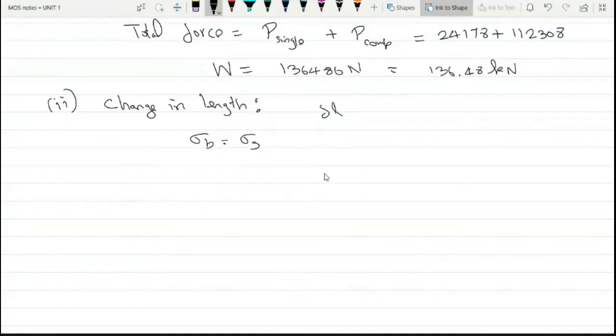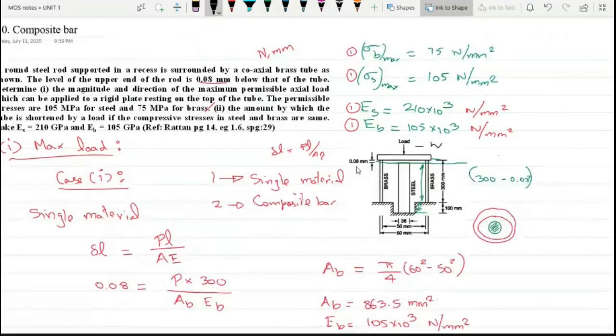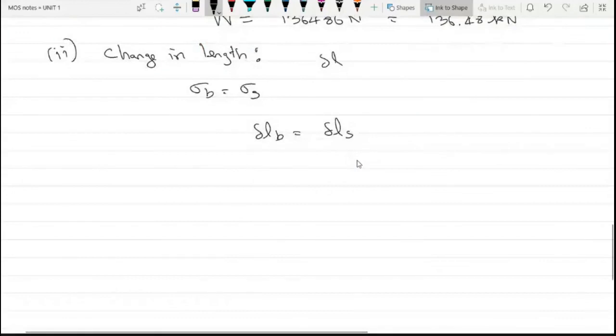Let us write the formula for del L. Del L for brass is equal to del L for steel. Here, brass has an extra extension of 0.08. So I can write it like this.